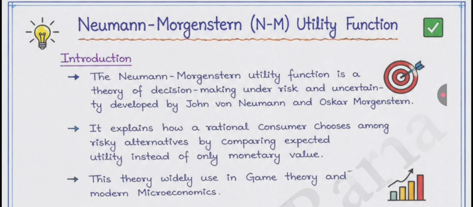It explains how a rational consumer chooses between risky alternatives by comparing their expected utility rather than just looking at money. Today, this theory is widely used in game theory, finance, insurance, and modern microeconomics.